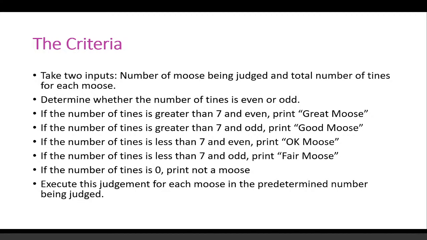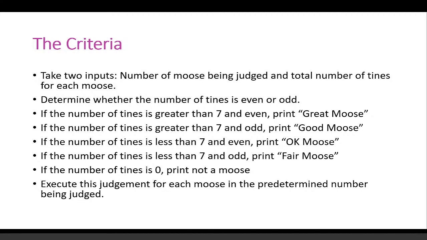And with each of the inputs that is entered in, you're going to determine whether the number of tines is even or odd. If the number of tines is greater than 7 and even, print great moose. If the number of tines is greater than 7 and odd, print good moose. If the number of tines is less than 7 and even, print okay moose.